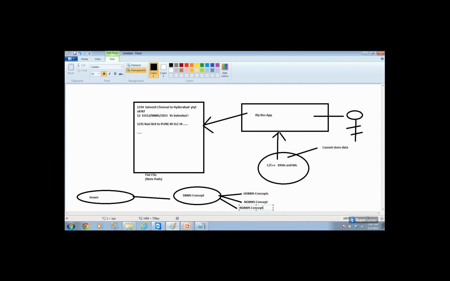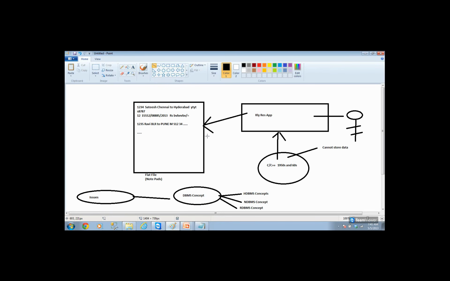The RDBMS concept became so popular. The HDBMS concept is completely lost in the market, and the network DBMS concept is completely lost in the market. Now you have the RDBMS concept, relational database management concept, with which you can store and retrieve data in a different manner.